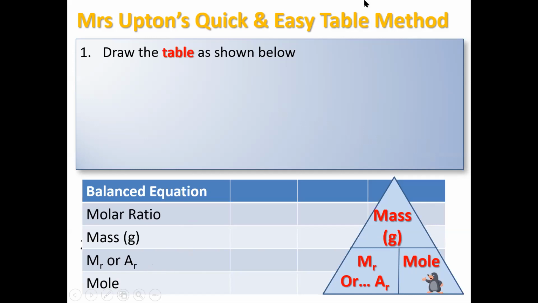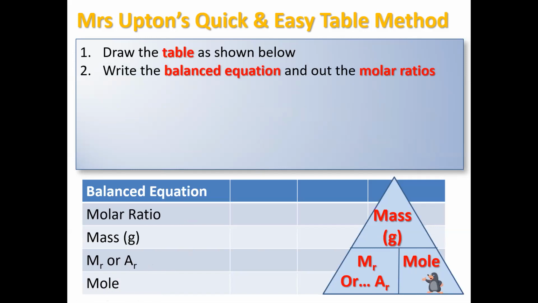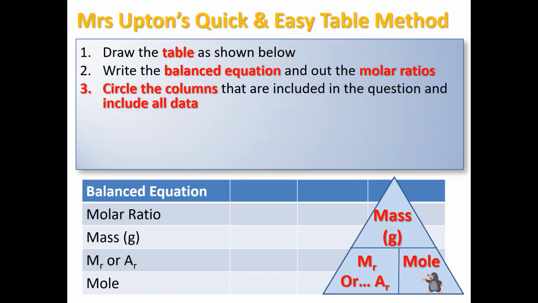So once you've drawn out the table, you write your balanced equation along the top, and then you work out your molar ratios, which are given by the coefficients when you've balanced your equation. Then you circle the columns that are included in your question, and you include any data that you're given.